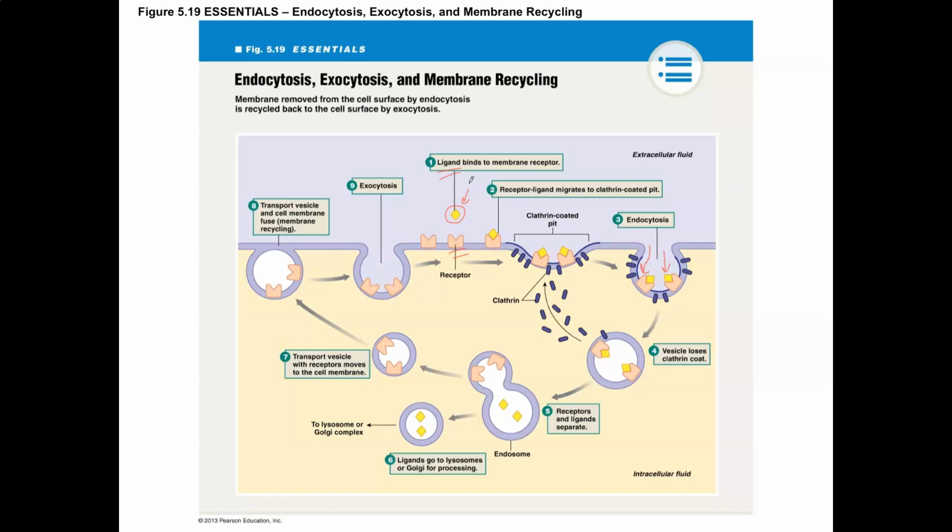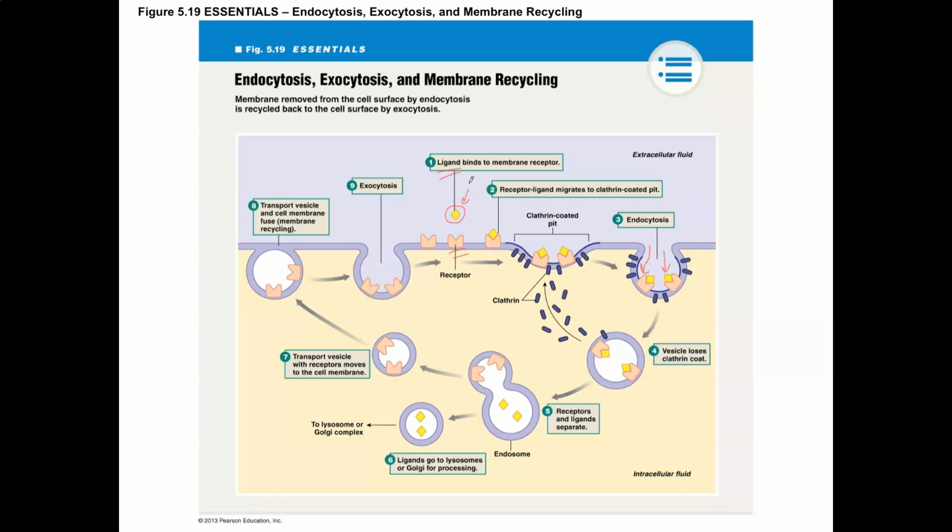It represents a molecule or an ion that's going to interact with the receptor. Some ligands might include antibodies, cholesterol, iron, growth factors, hormones, all kinds of different ligands that can specifically be brought into a cell using receptor-mediated endocytosis.